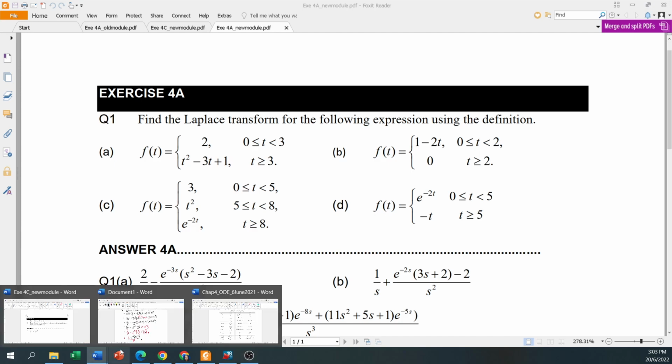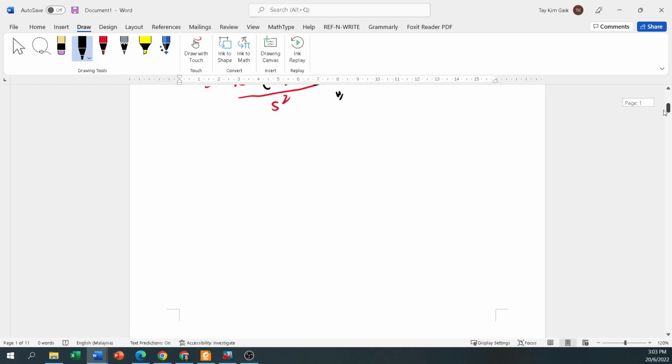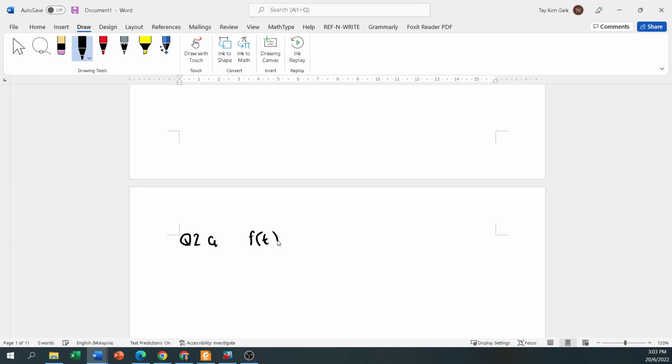Okay, so we do question 2. Let's say this is question 2a. The f(t) is 2t squared minus 3t plus 1.